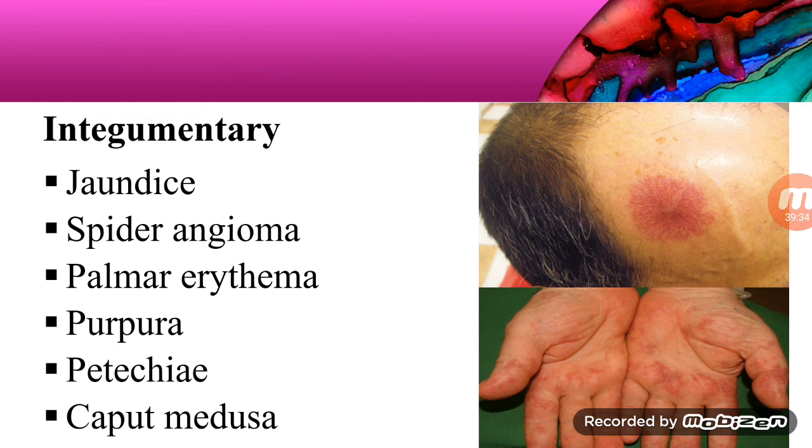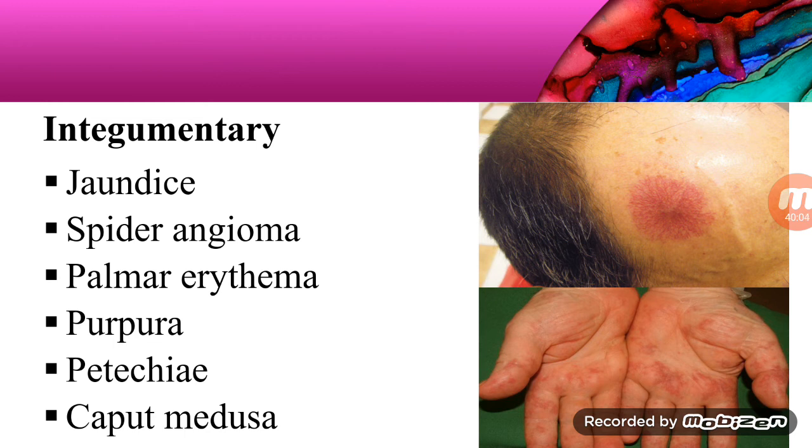Jaundice, you all know, is hyperpigmentation of the skin due to increased bilirubin, an excess amount of bilirubin. Then spider angioma. As you can see in the first picture, it will look like this. It is the enlargement of the blood vessels in any body part.